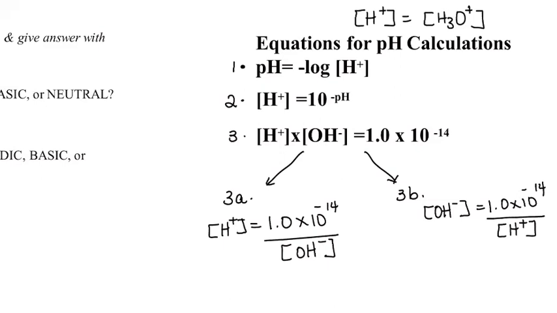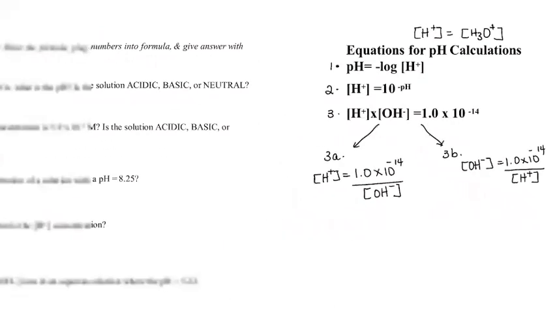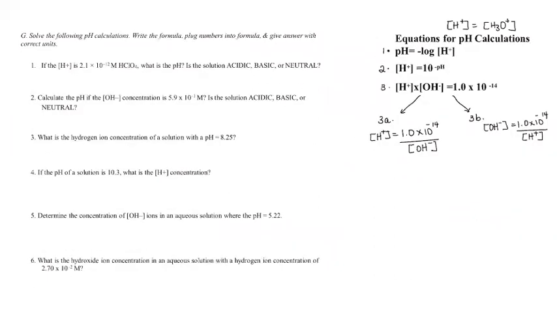Let's go through a few examples to understand how we're going to utilize these equations to solve the problems that you guys are responsible for knowing for the exam. Let's go through problem 1. It says, if the H plus concentration is 2.1 times 10 to the negative 12 molar for perchloric acid, what is the pH?